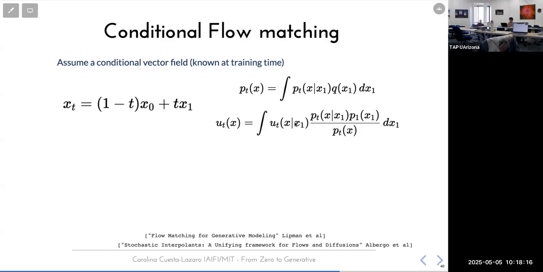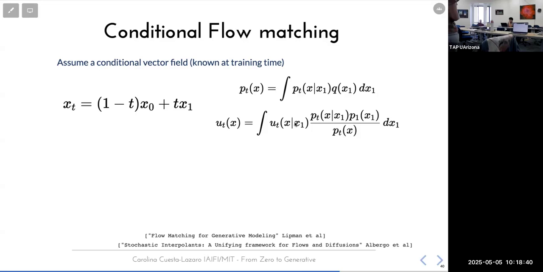I want to sample x1. So what do I do? There's nothing I can do, right? I know the velocity field vt of xt given x1, right? I need x1 to compute my velocity field. I don't have x1, so I'm done, right? There's nothing I can do. I'm stuck. So I didn't gain anything by assuming this, because at inference time, I don't know where I'm going.